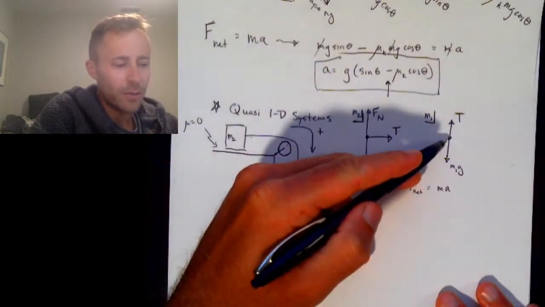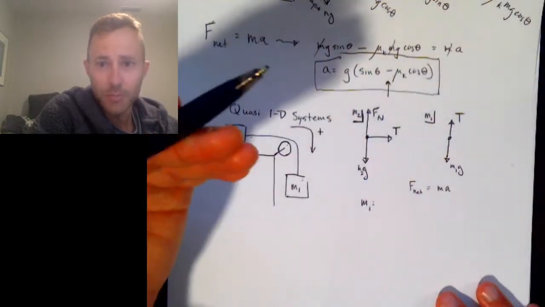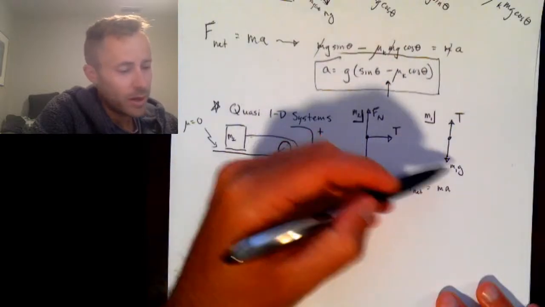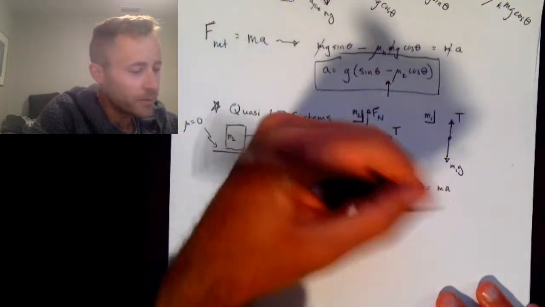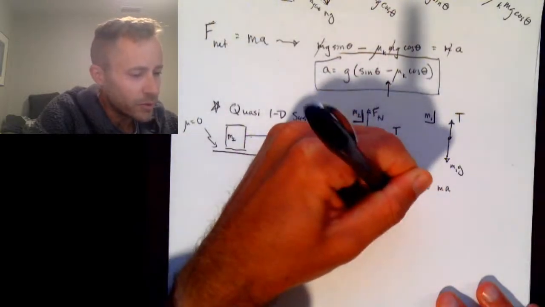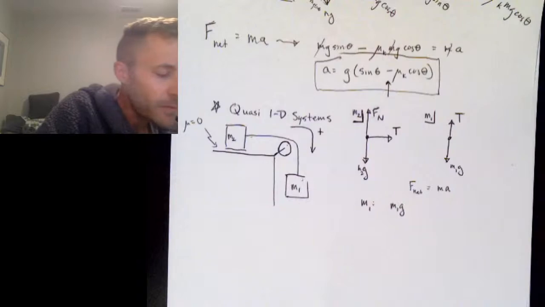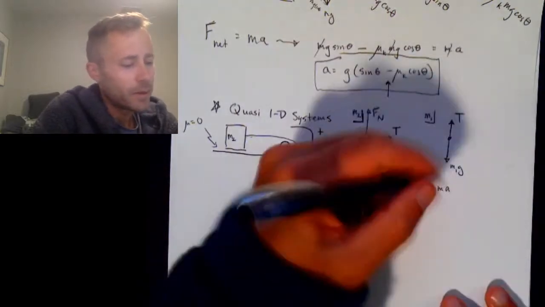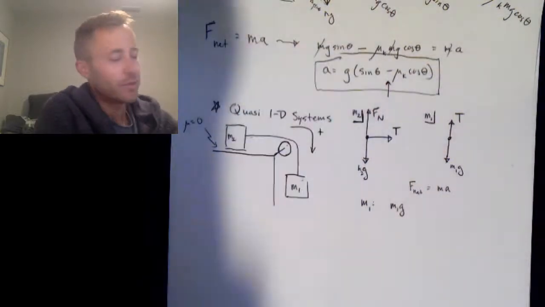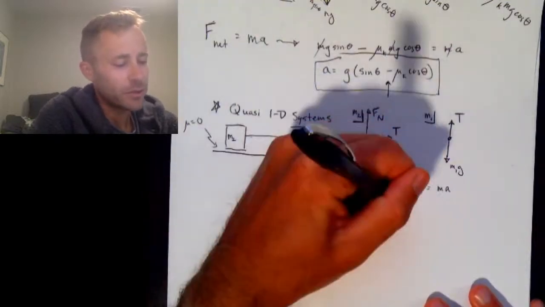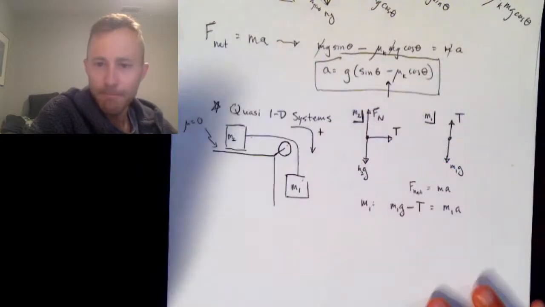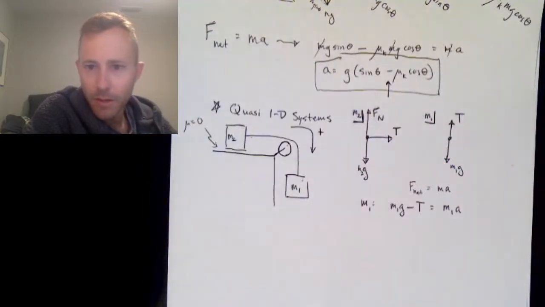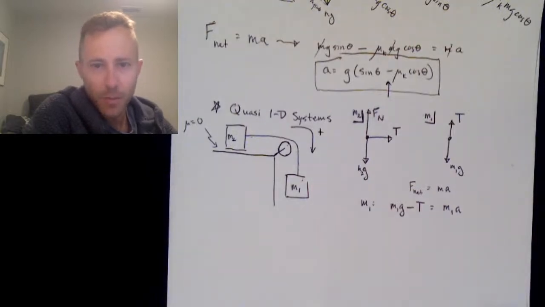The net force is positive forces minus negative forces. m1g is in the positive direction because downward is positive for m1, so we have m1g. And then tension is going in the opposite direction, so it is negative, and that equals m1a. So that's Newton's second law for m1.